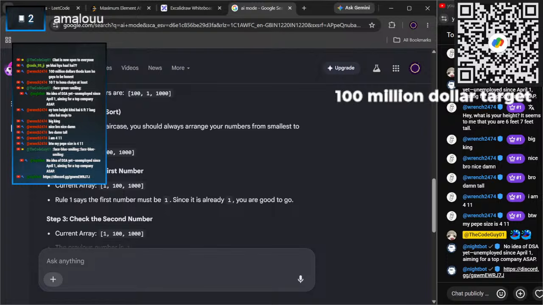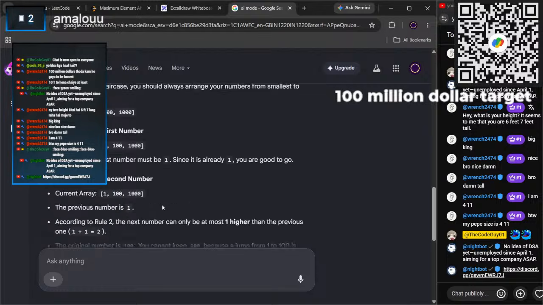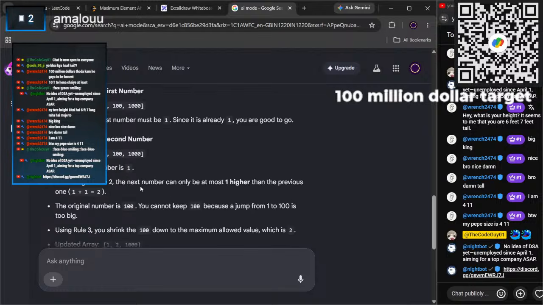Let me see. To build a smooth staircase, you should always arrange your numbers from smallest to largest. He's telling about sorting right now, and check the first number, which is going to be my 1. If it is not 1, then what could I do? And check the second number. The previous number is 1, so according to the rule, the next number can be at most higher than the previous number, which is going to be 1 plus 1, 2.